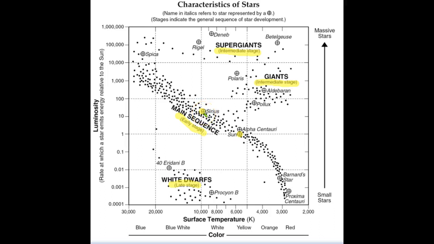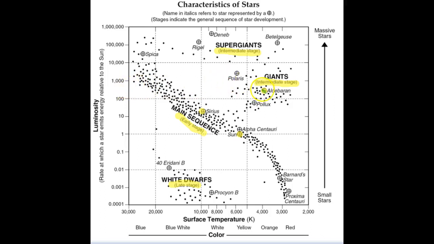Let's take a look at Aldebaran over here. Now, Aldebaran is a much cooler star than the Sun or Sirius. So you'd follow it down and read the temperature this way, okay, and your luminosity, you'd read it this way. Even though Aldebaran is cooler, it happens to be more massive, which means that it's more luminous.